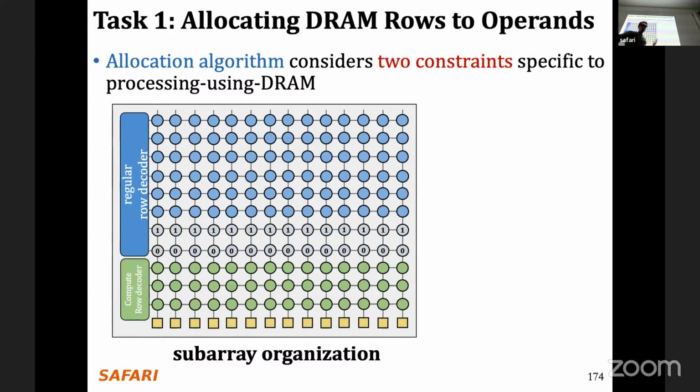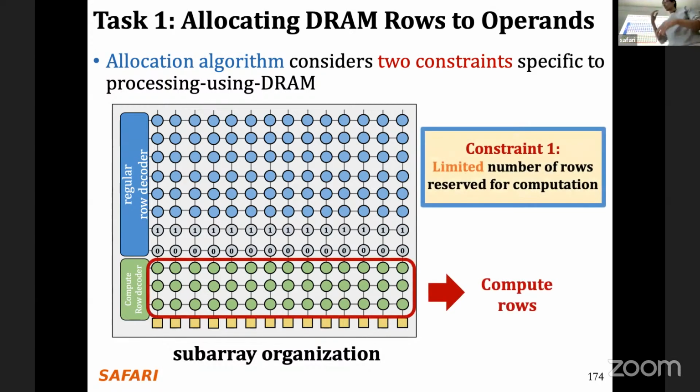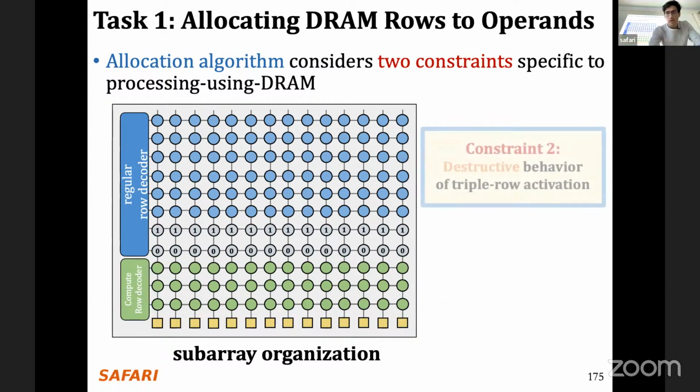So when it comes to allocating the operands to the DRAM rows, we have heuristics for that, or a data placement algorithm for that. We have to take into account what's the sequence of operations that we need. And we need to take into account certain constraints that the substrate imposes. The first one, I just mentioned it, there is a limited number of rows that can be used for computation.